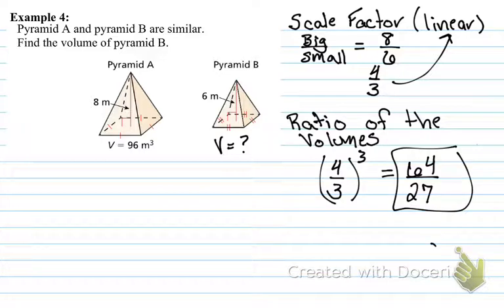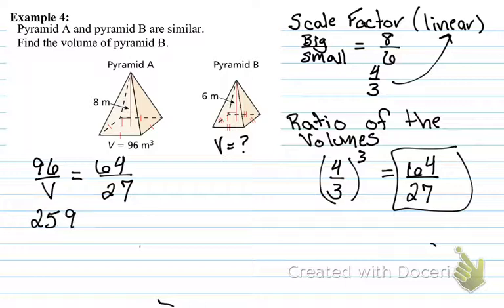So let's go ahead and do that. The big volume is 96 over the small volume, which is what we're trying to find, would equal 64 over 27. Since I have an equals in between here, I'm going to do a little bit of cross multiplying. So I'm going to take the 96 and multiply by the 27. I get 2592.